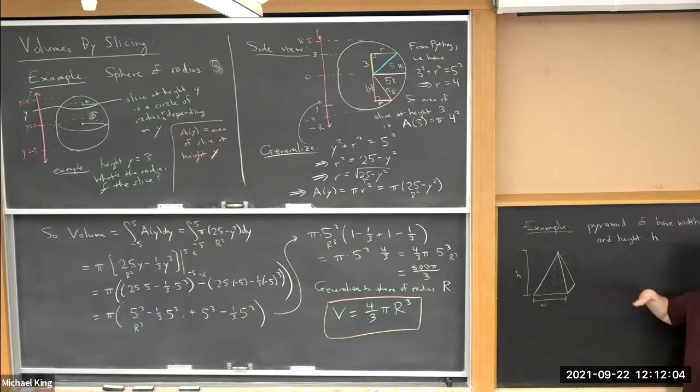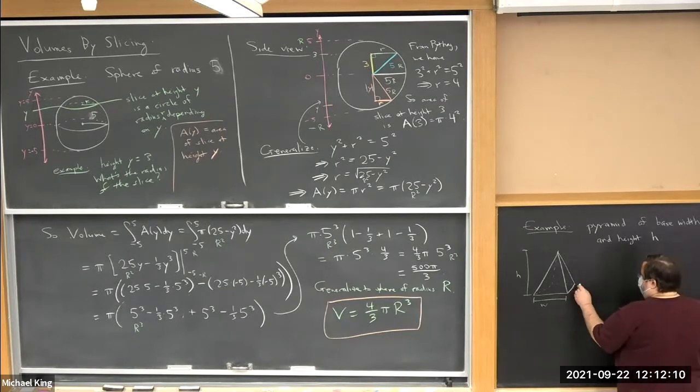Because here, if you slice, what is the shape of all the slices now? So it's a square pyramid, and I just said the word: the slices are all squares.